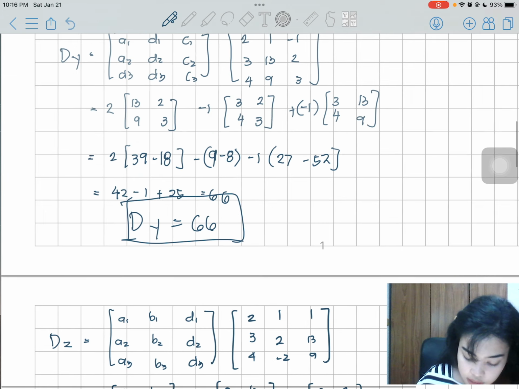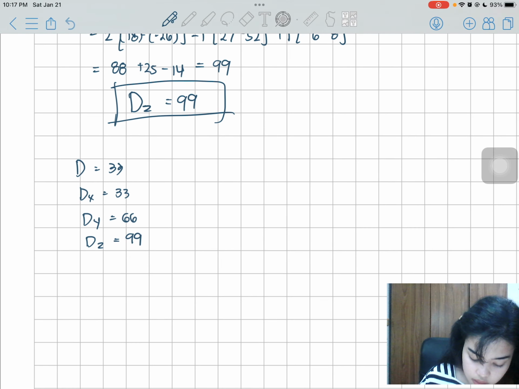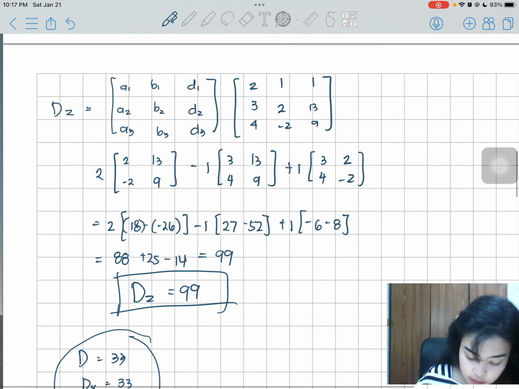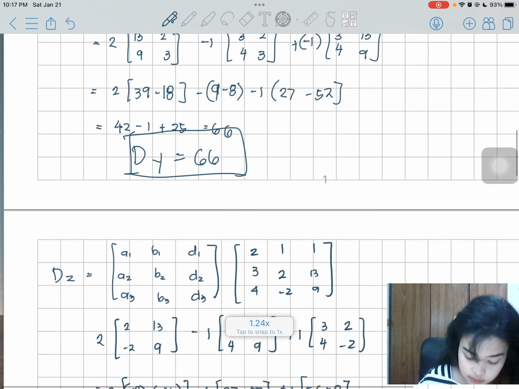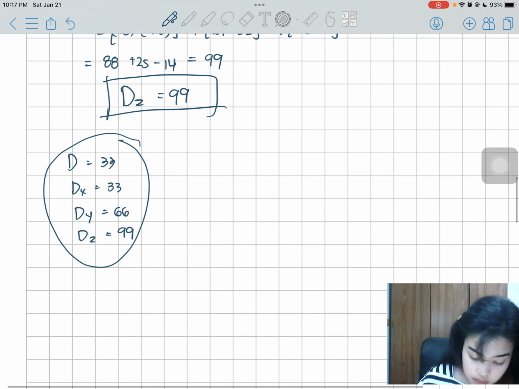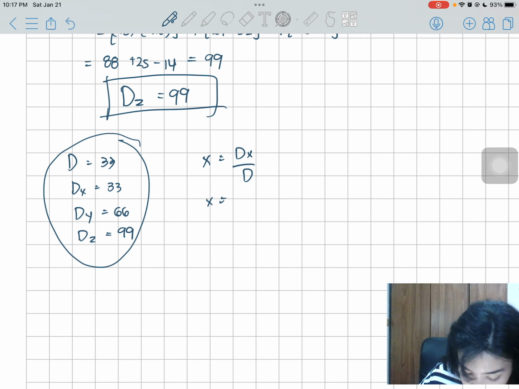We can substitute these values in this equation in order to get the x, y, and z values. So x is equal to Dx over D. X is equal to 33 over 33.